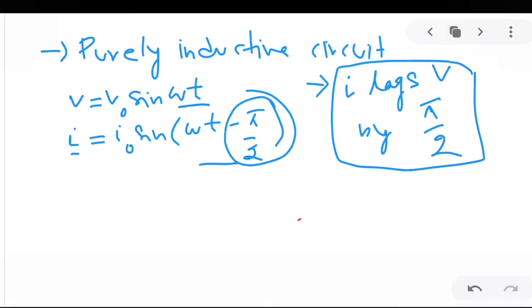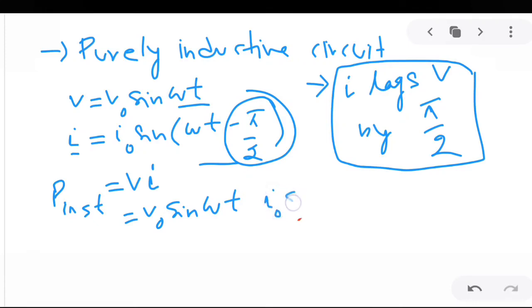Now, instantaneous power, P instantaneous, is a product of voltage and current. Voltage is V naught sine omega t, current is I naught sine omega t minus pi by 2.